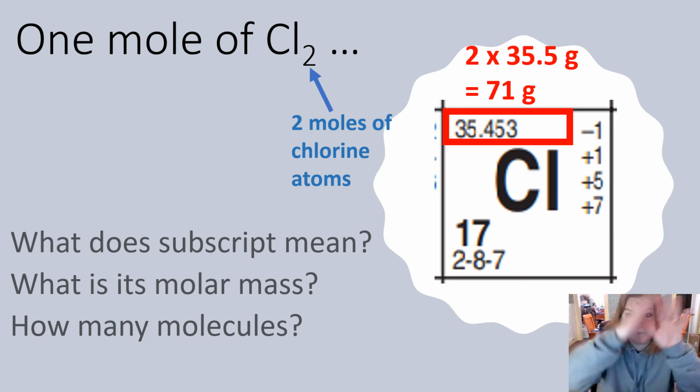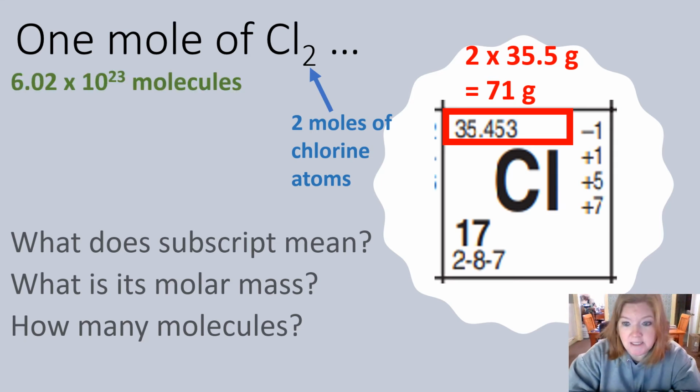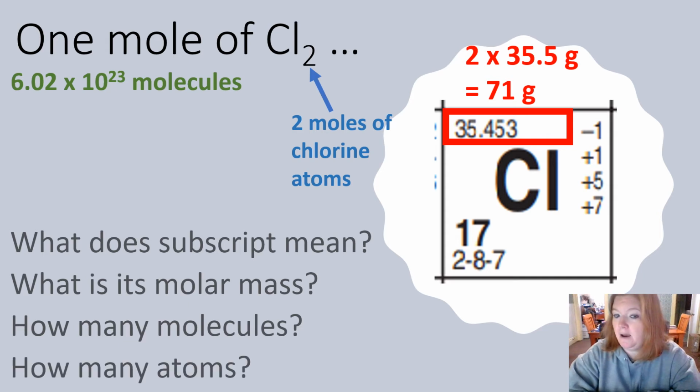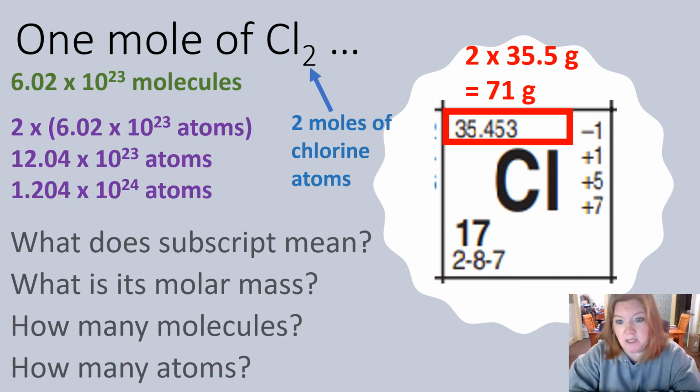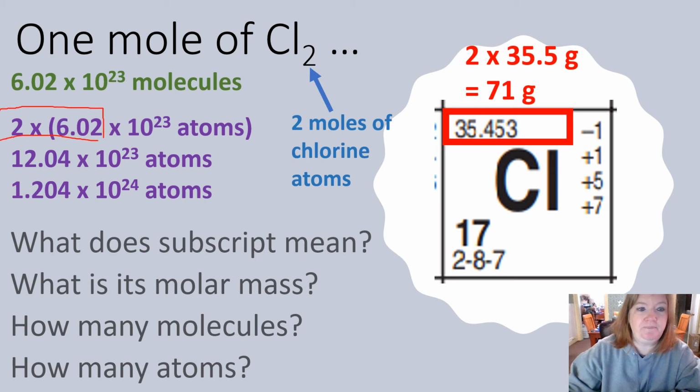How many molecules? So the whole package, since it's a mole, I have 6.02 times 10 to the 23rd. How many atoms? You do the same thing. We multiply these 2 numbers together, leave the exponent alone, but I have to move the decimal 1 place this direction, that means the exponent goes up 1.